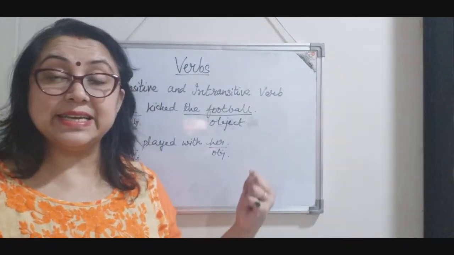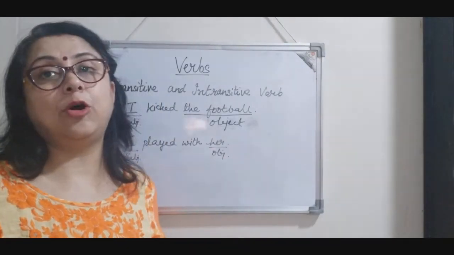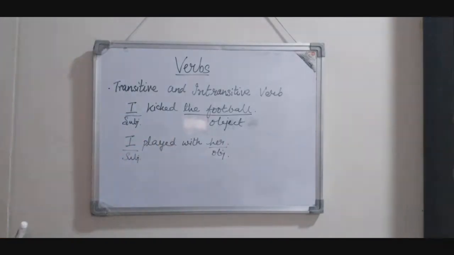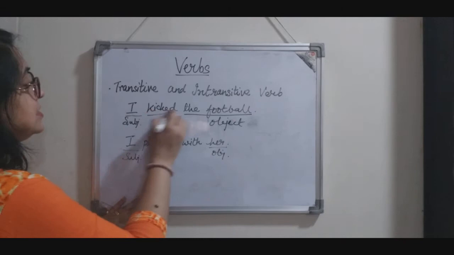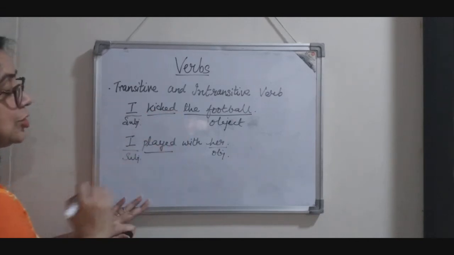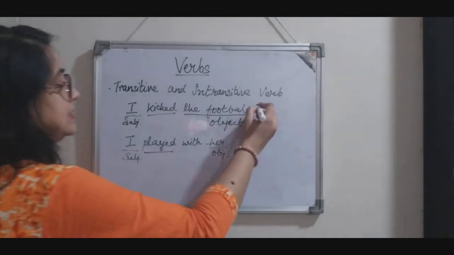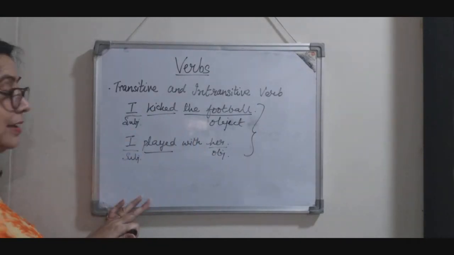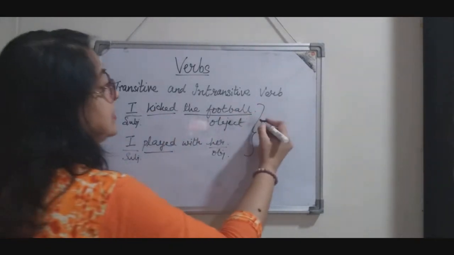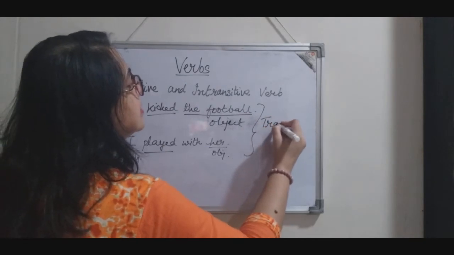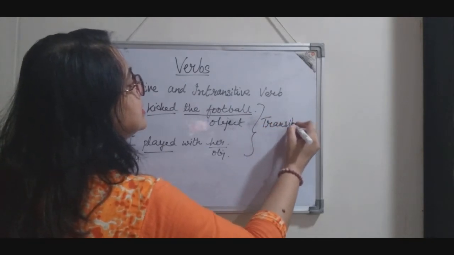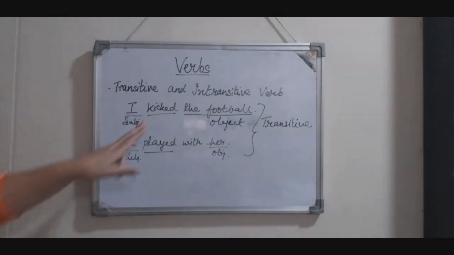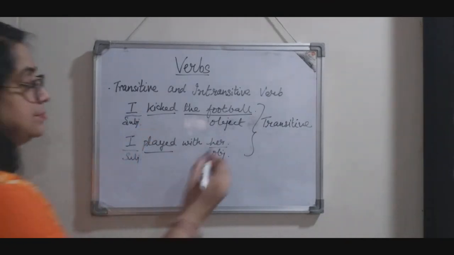These sentences have objects, so in such a case we'll say that the verb is transitive. Of course, transitive verbs, right?